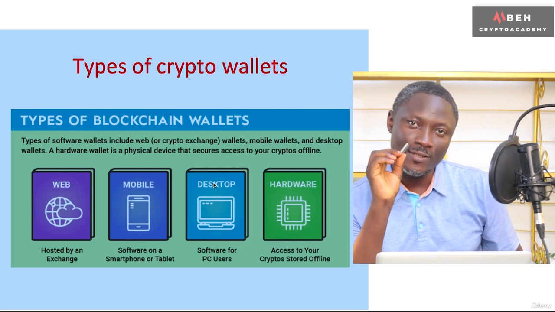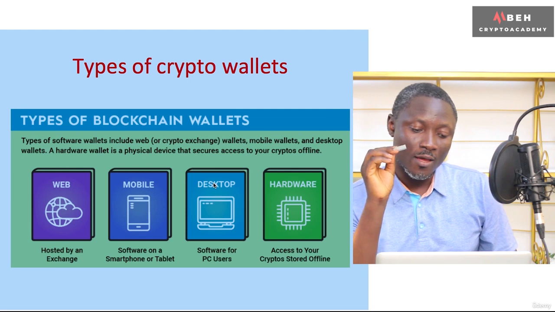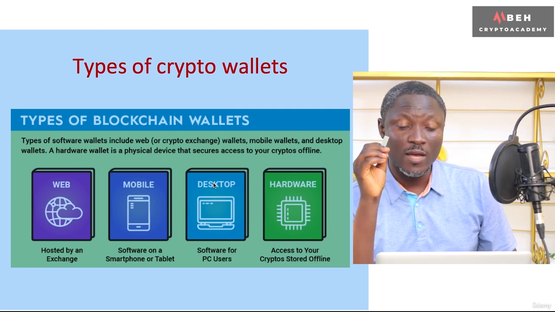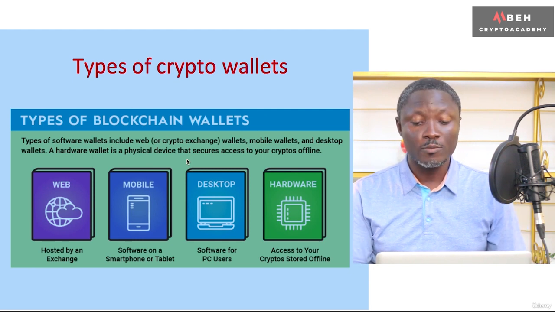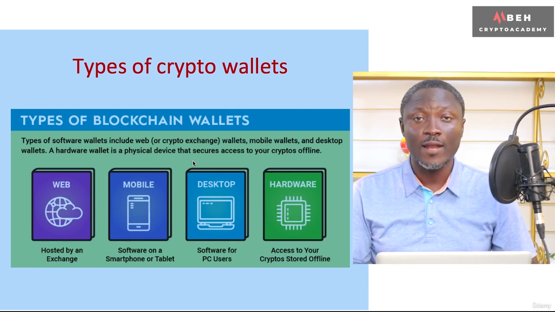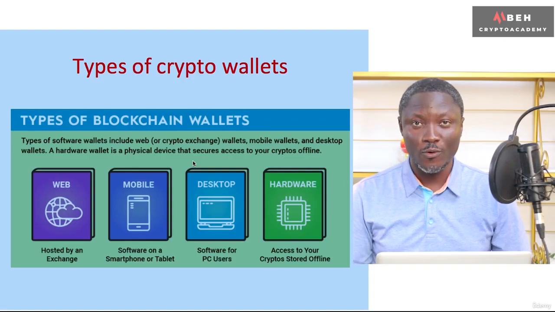A hardware wallet is something like this. You have the security code, you have the security, everything inside, where you can store your cryptocurrencies offline without any problem. So these are the 4 different types of crypto wallets.